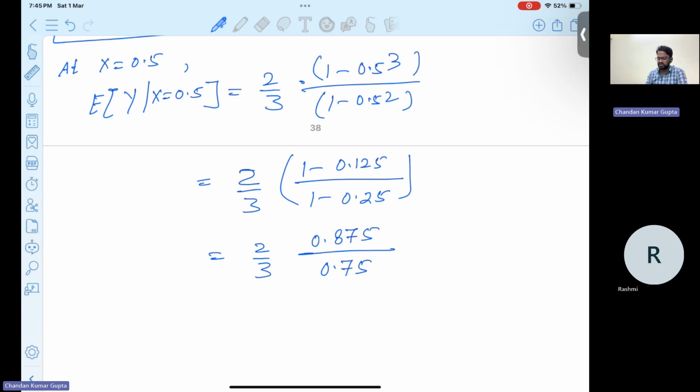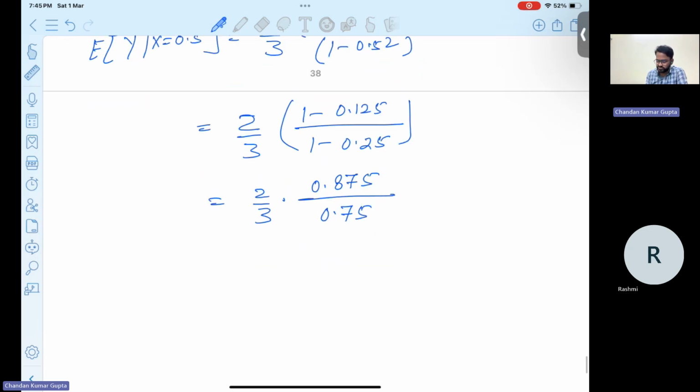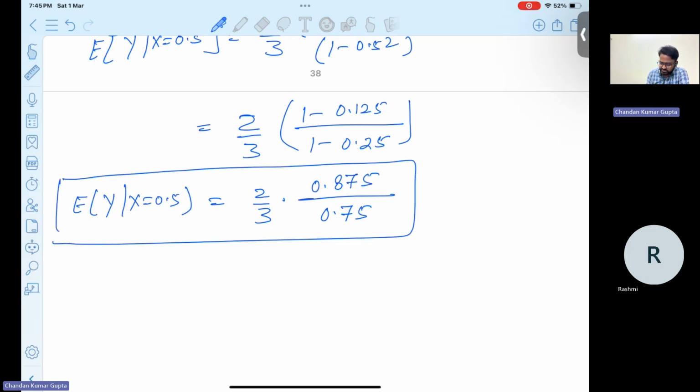You can solve this; I don't have the solution, so you can simplify this. This is how we calculate the conditional expectation.